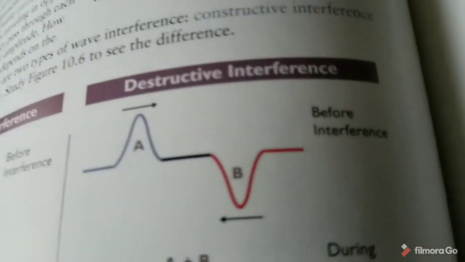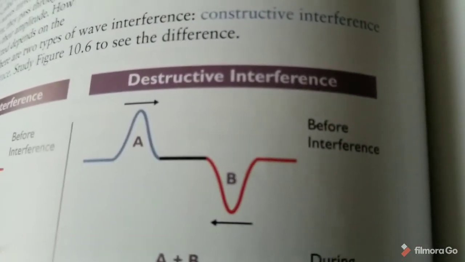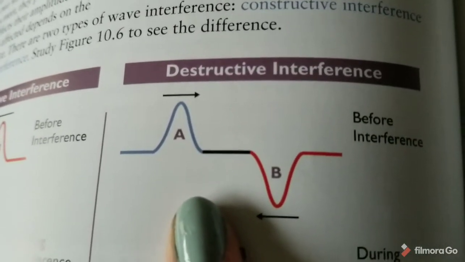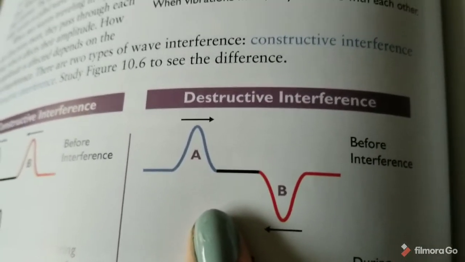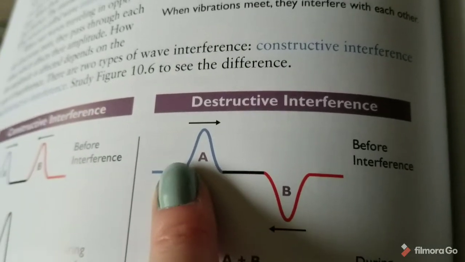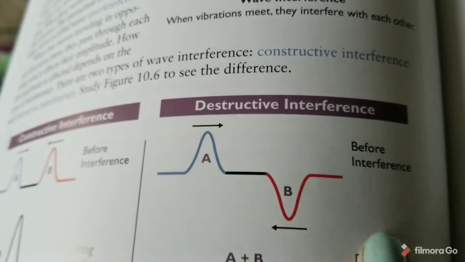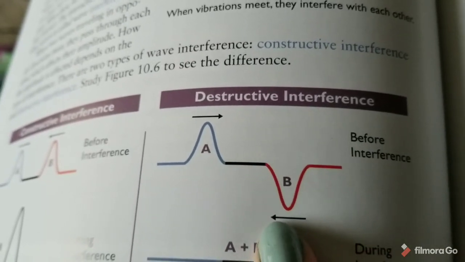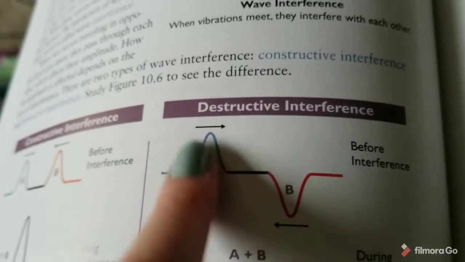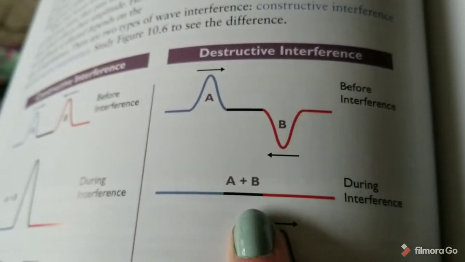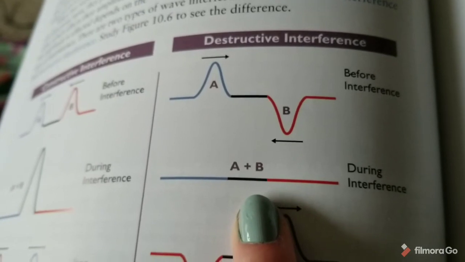All right, destructive interference happens with different timings and types of waves happening at the same time. So this one, we've got A coming this way, B's down below this time, there's a trough instead of a crest, and they come at each other, and what happens? They cancel each other out.